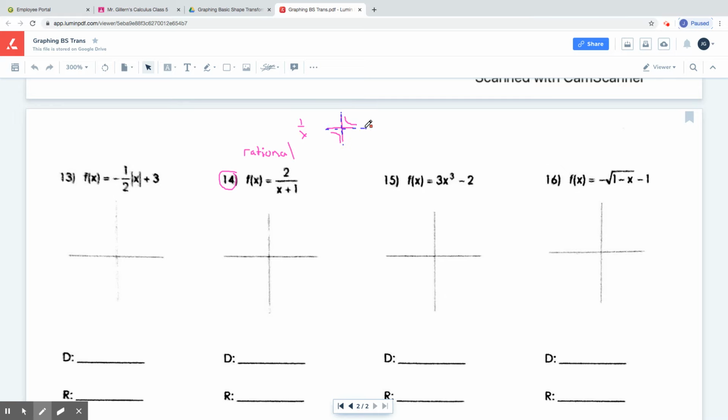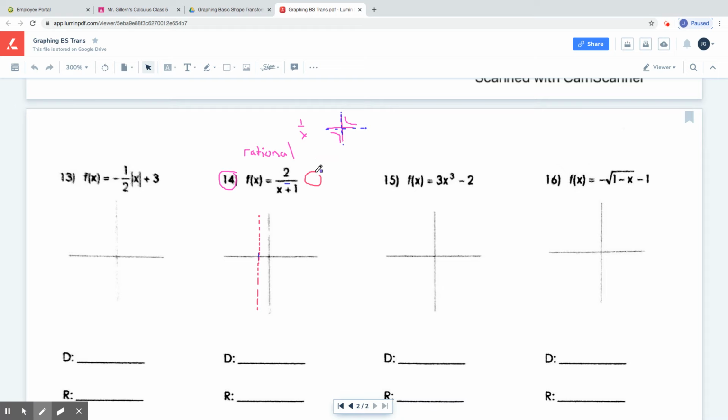If you remember from rationals, if we set the denominator equal to 0, that gives us our vertical asymptote, which is -1. That makes sense because once again, we set this equal to 0. It's -1. We have a shift of everything to the left 1. So this is our basic shape. Of course, our vertical asymptote has to move to the left 1, so we have a vertical asymptote at -1. We normally have a horizontal asymptote of 0.